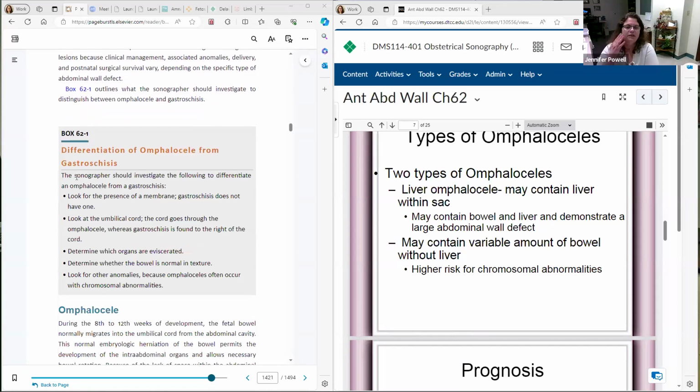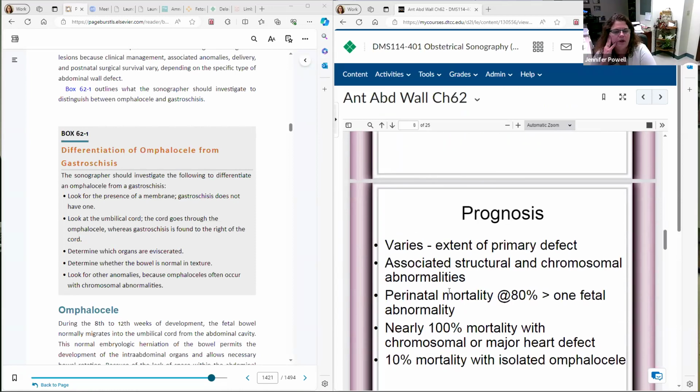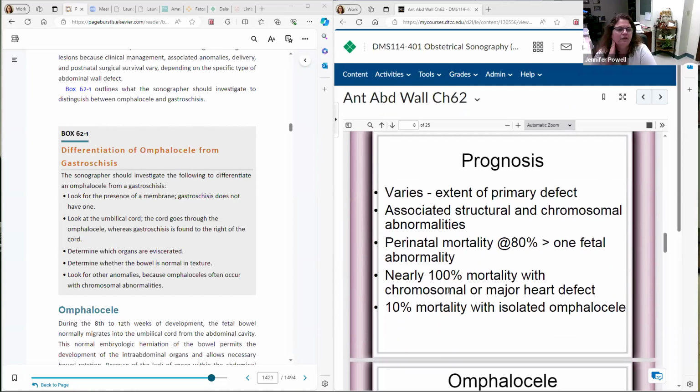So 2 types of omphaloceles. The liver omphalocele may contain liver within a sac, may contain bowel and liver, and demonstrate a large abdominal wall defect. The other may contain a variable amount of bowel without liver, and they are at higher risk for chromosomal abnormalities. Okay. Prognosis varies with the extent of the primary defect and associated structural and chromosomal abnormalities.